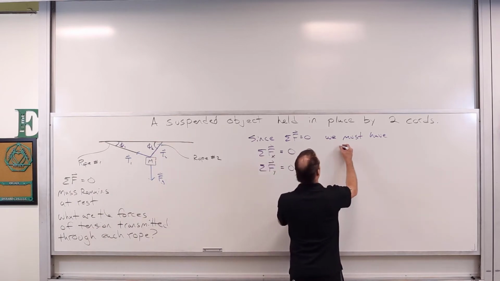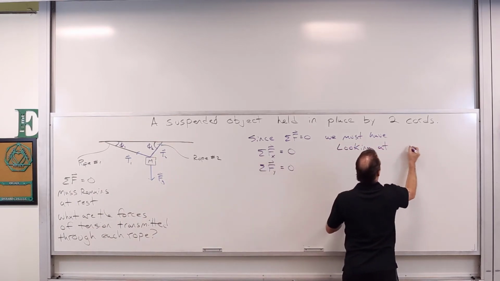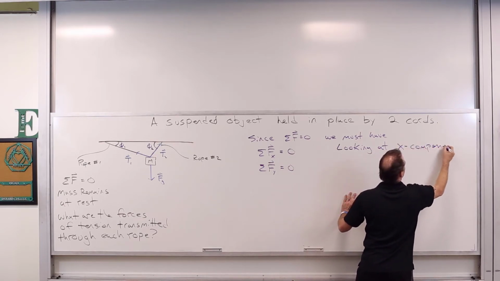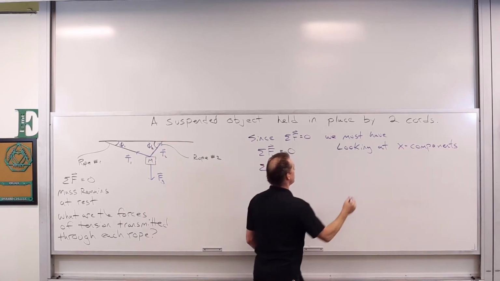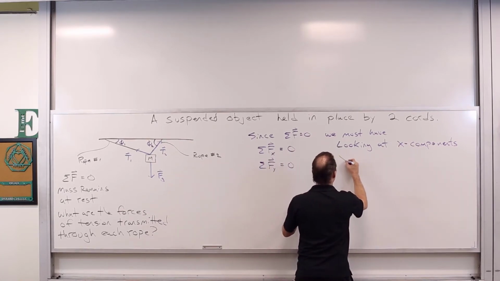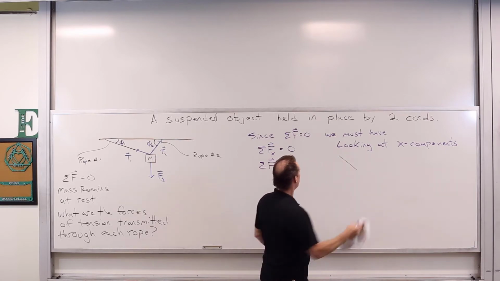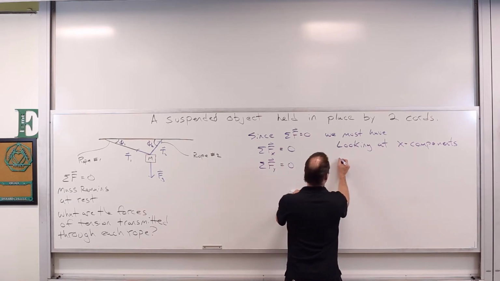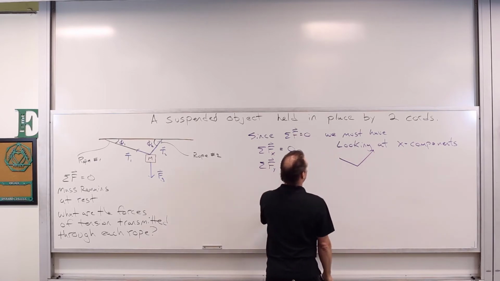So we'll say looking at x components. That's a little weird there. But x components, we've got ourselves this. Let me try to draw it a little bit more like what we have there in terms of the angle. So we've got this, and then we've got that.